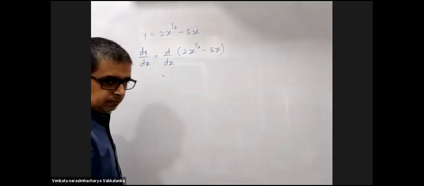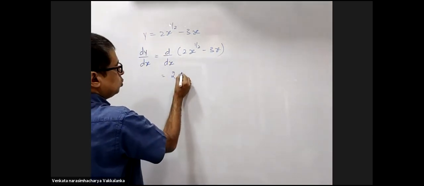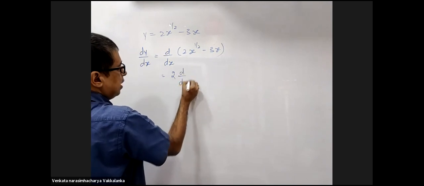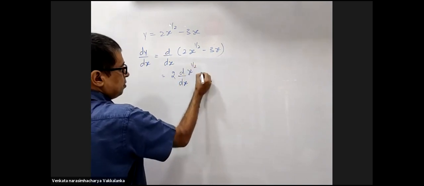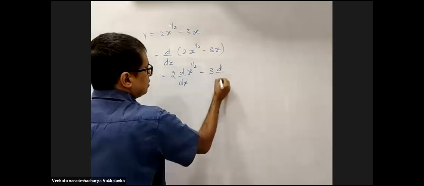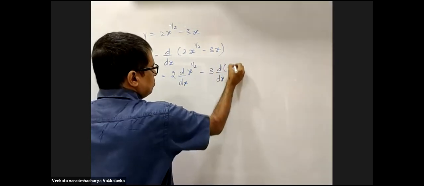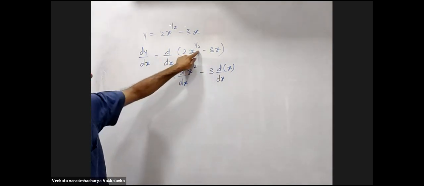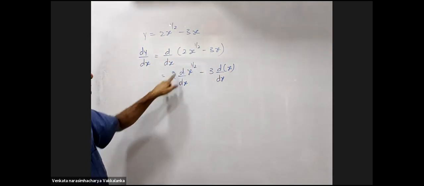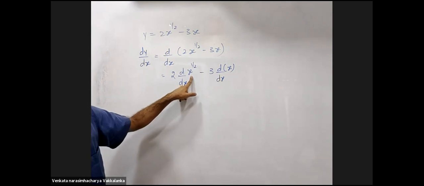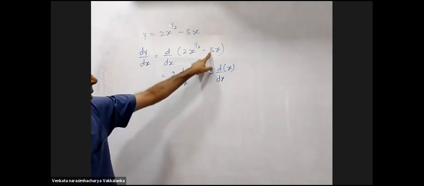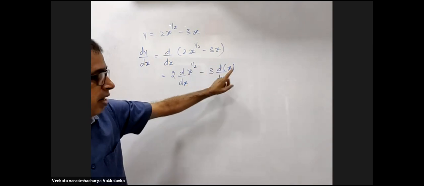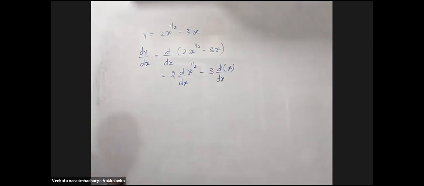Yes, sir. Now bring 2 outside. D by dx of x to the power half. Bring 3 outside. D by dx of x. First I opened up the bracket. D by dx of this. I brought 2 outside. D by dx of x to the power half. Minus 3 d by dx of x.